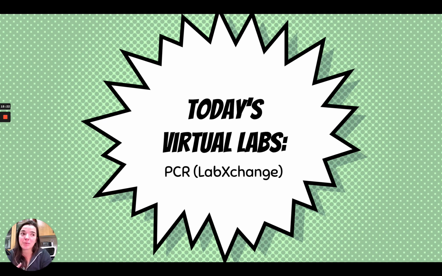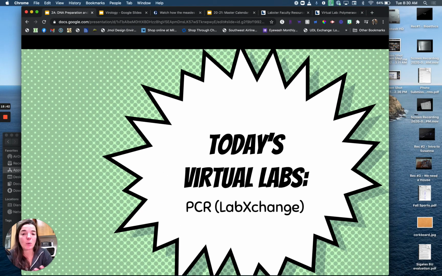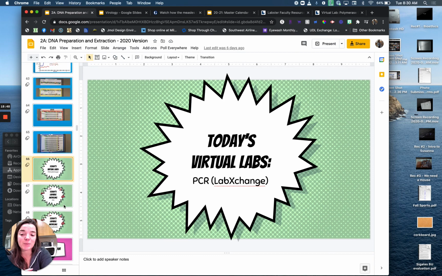PCR is the basis for us to be able to do sequencing, which was the basis for us to understand CRISPR. So it's kind of like this really simple process that is an incredible diagnostic tool that enables us to learn so much about our sample and about what is going on. So it is something that is incredibly important, and we need to spend a little bit of time with that.